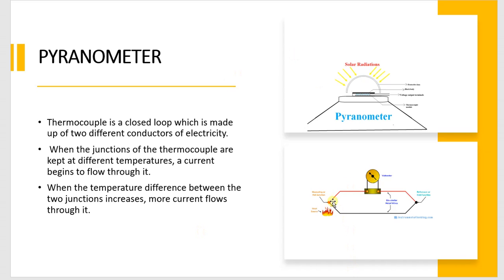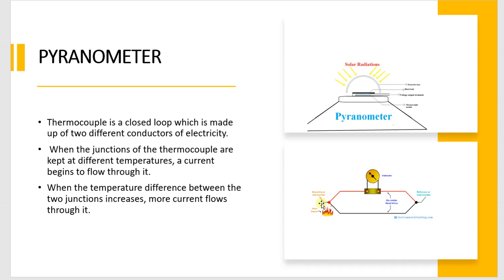This red colored one is a wire made up of a particular metal, and this black one is a conducting wire made of another metal. These two wires are joined here and joined here. So these are two junctions.